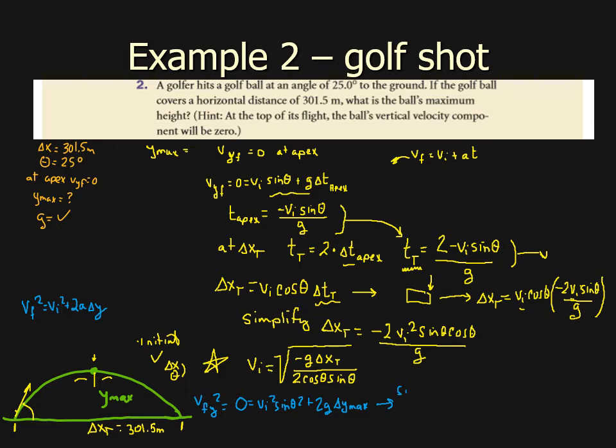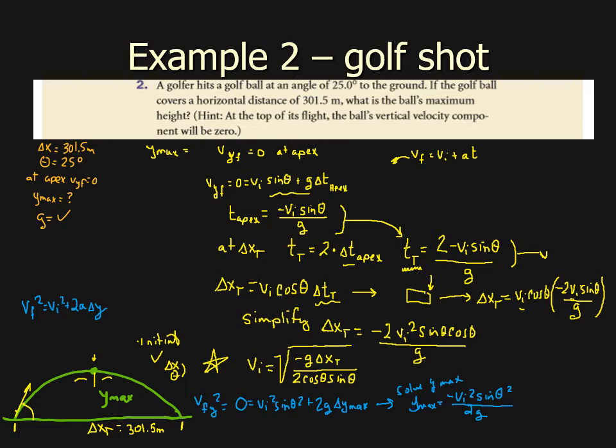So y max equals negative vi squared times the sine of the angle squared divided by 2 times gravity.